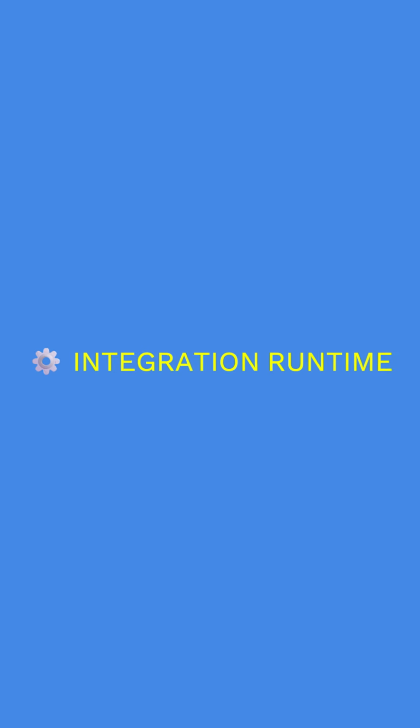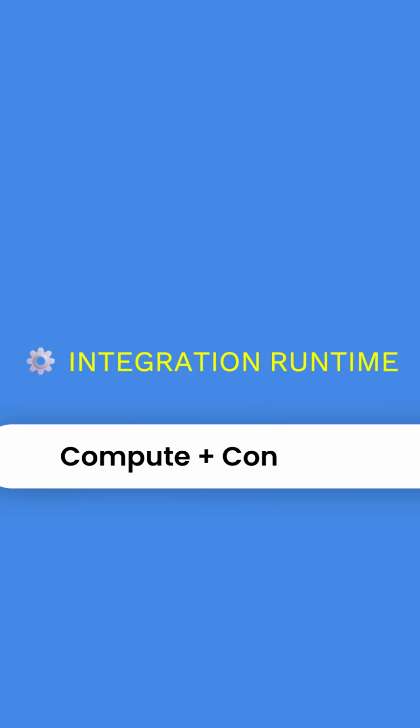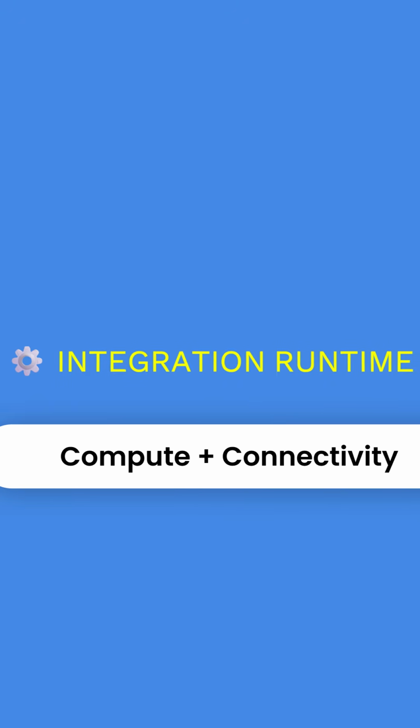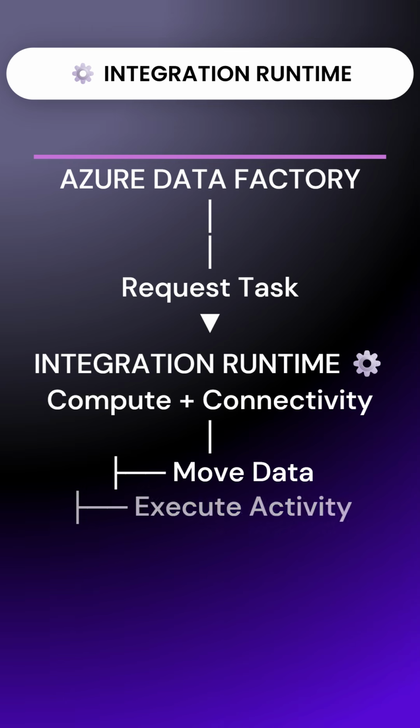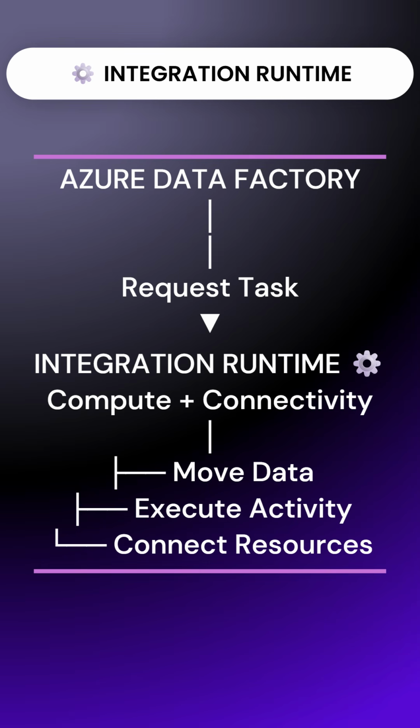This is where integration runtime comes into the picture. Integration runtime is the infrastructure that provides the compute and connectivity required by Azure Data Factory to perform tasks such as moving data, executing activities, and connecting to different environments.